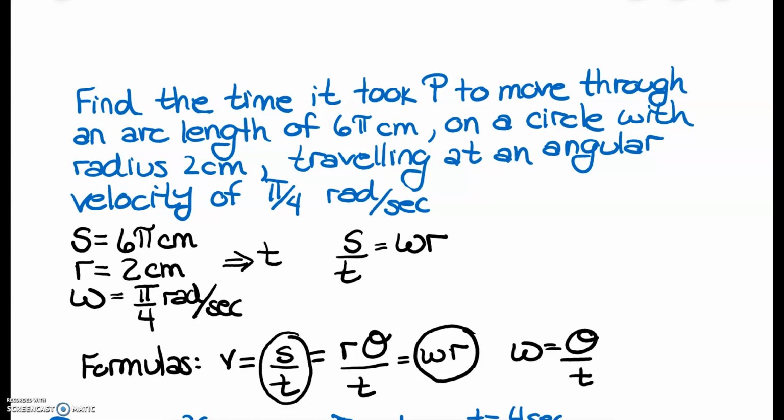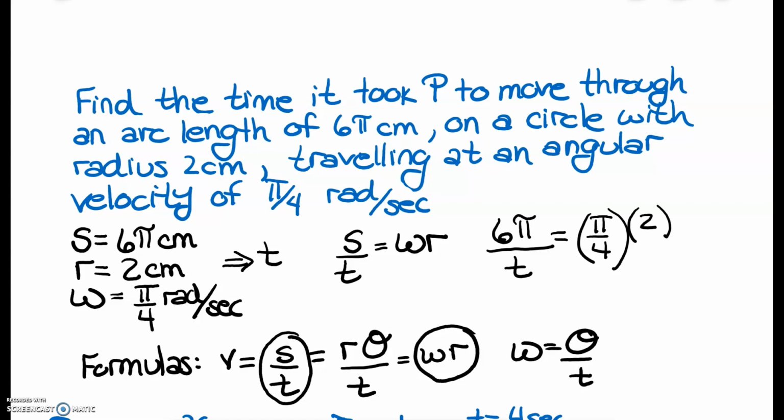We're going to use these two formulas, set them equal, and plug in the information that they gave us. We have 6 pi centimeters over t, which we're solving for, equals omega, which is pi over 4, and we're going to multiply that by our radius, which is 2.